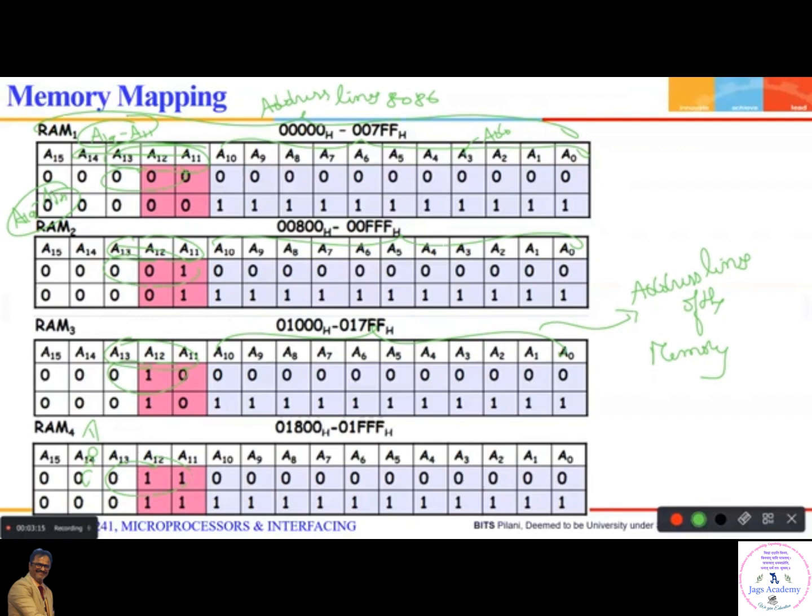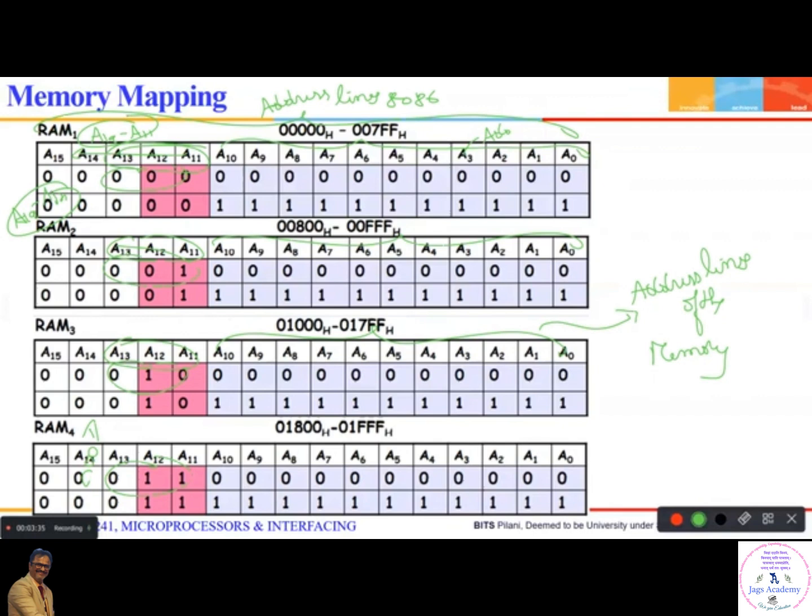Because it is 2 kilobytes of memory. Your 2 kilobytes memory chip requires 11 address lines. So 11 address lines of the 8086 microprocessor will go directly into the memory chip.